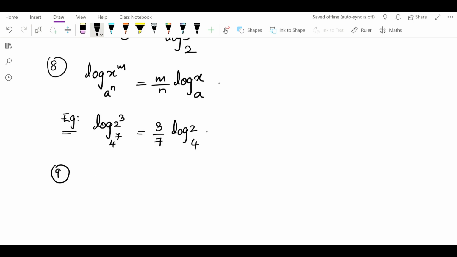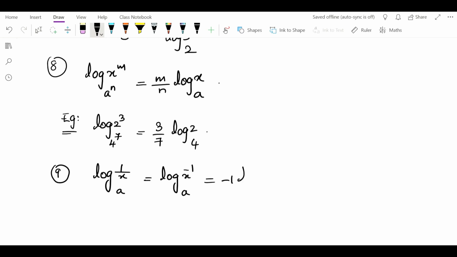Again, the ninth one, log 1 by x base a is equal to log 1 by x. Here x power is 1. This 1 by x can be converted as x to the power of minus 1 base a. This is in the form of log x to the power of m base a, so we convert this into m log x base a.